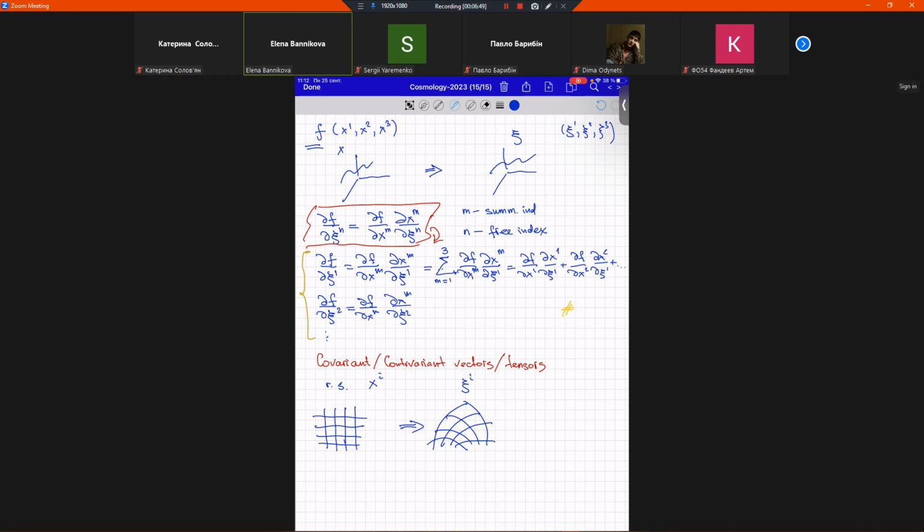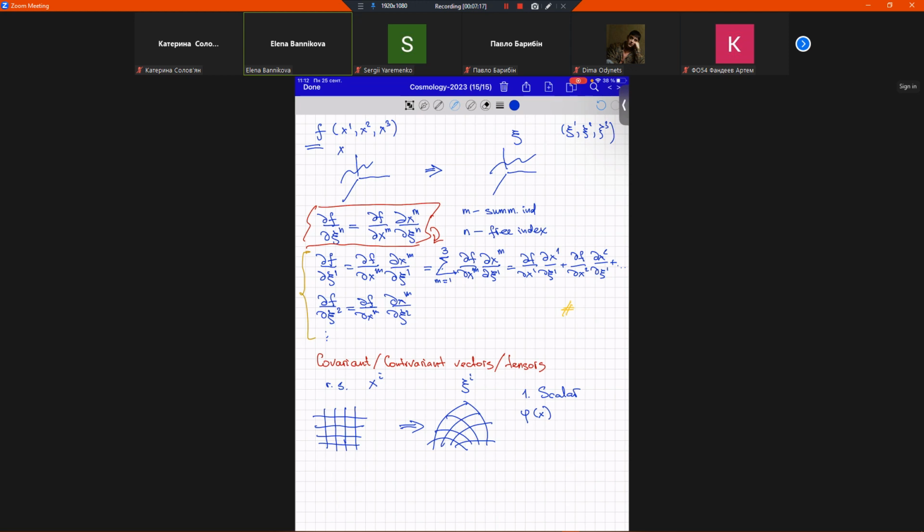The first, let's consider scalar. So for example, we have some function phi, which depends on coordinate x.